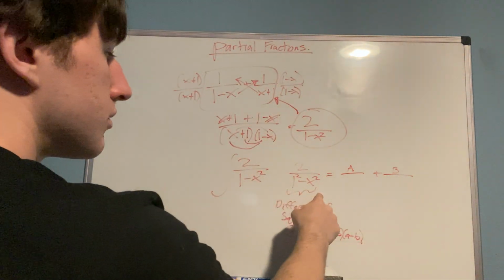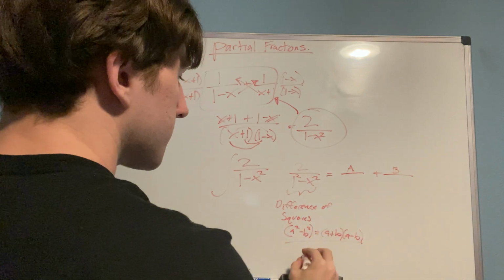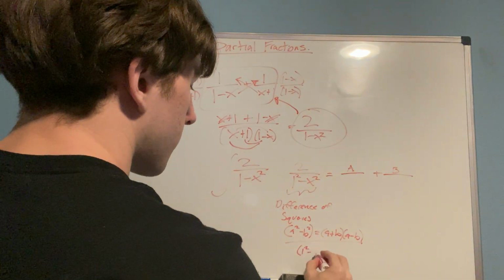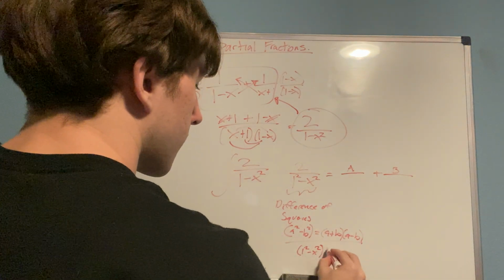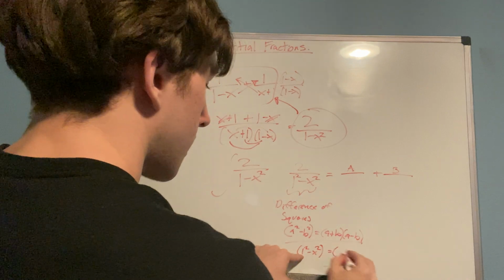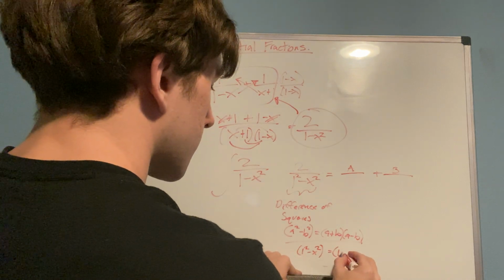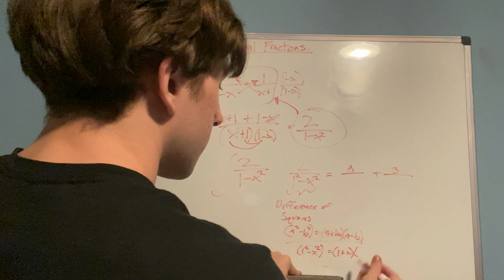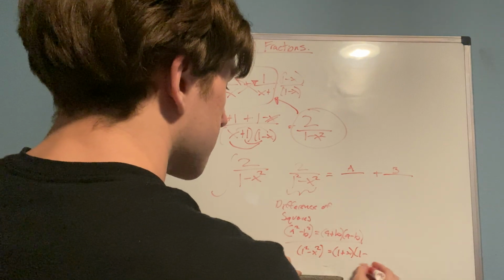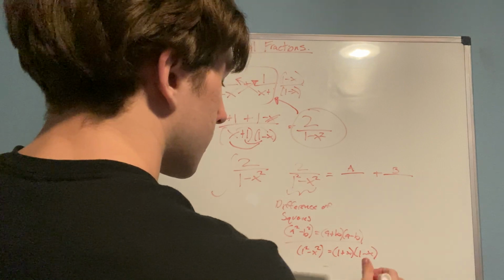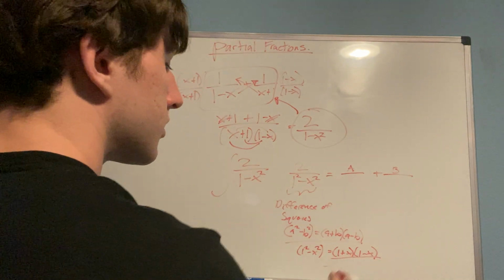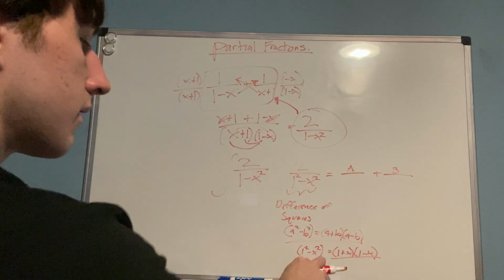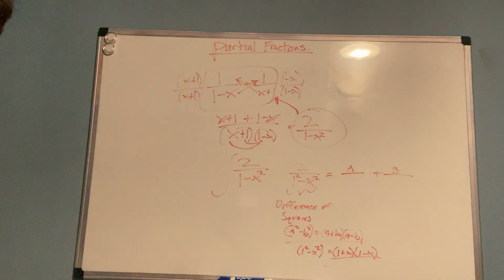And then if we were to do our difference of squares here, 1 squared minus x squared, that would be a, which is 1, plus b, which is x, times a, which is 1, minus b, which is x. Those would be the two different products of the difference of squares here.